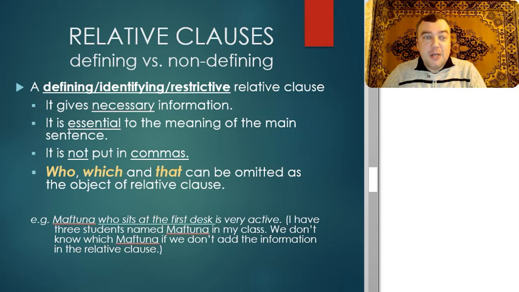So by this I mean not the Maftuna who sits at the last desk, not the Maftuna who sits on the left, but the Maftuna who sits at the first desk is very active. This information is necessary and essential because my listener will not understand which Maftuna I am talking about if I omit the relative clause.